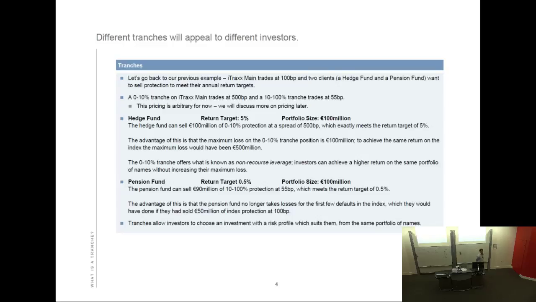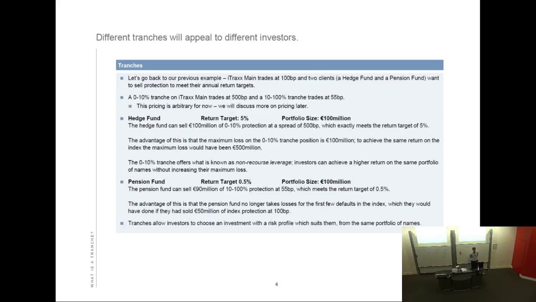This is in a way what we call non-recourse leverage. So it means in a way you have, of course, kind of levered exposure to the underlying losses because only after 10% of the portfolio losses your position is wiped out. But the notional of your trade, so the maximum you can lose, is still just 100 million.